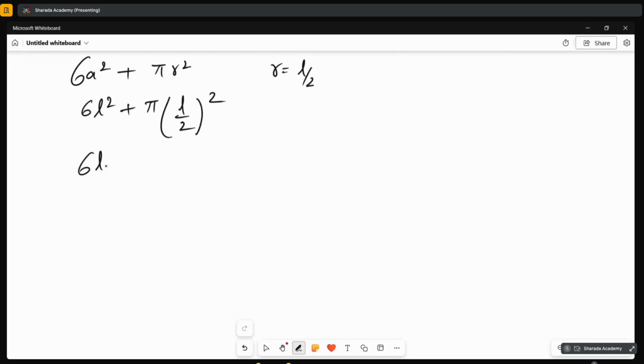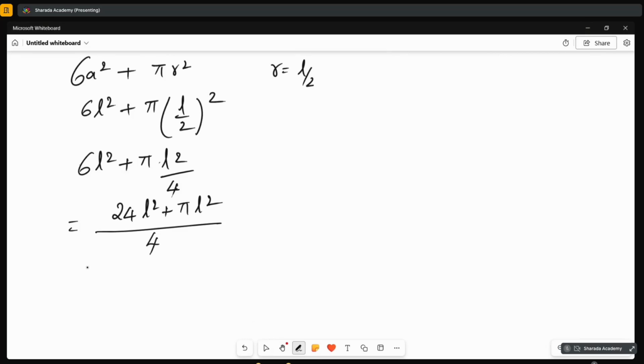So 6L square plus pi L square by 4. If I take LCM 4, 6 fours are 24 L square plus pi L square. You will get, so how much? If I take L square common, 24 plus pi by 4.